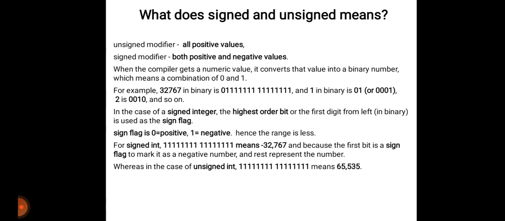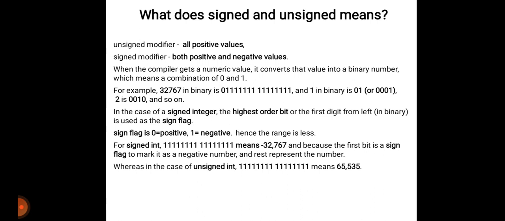If the sign flag is 0, then the number is positive, and if the sign flag is 1, then the number is negative. Because one bit is used for showing whether the number is positive or negative, there is one less bit to represent the number itself. Hence the range is less.